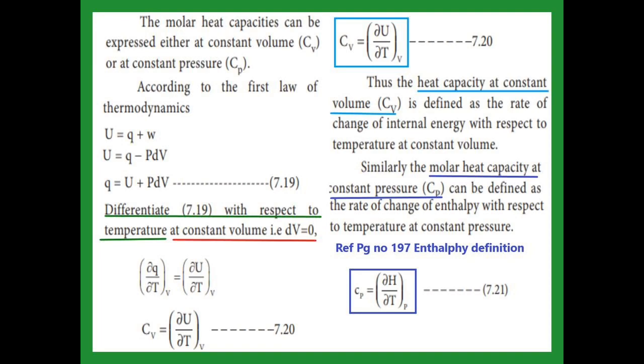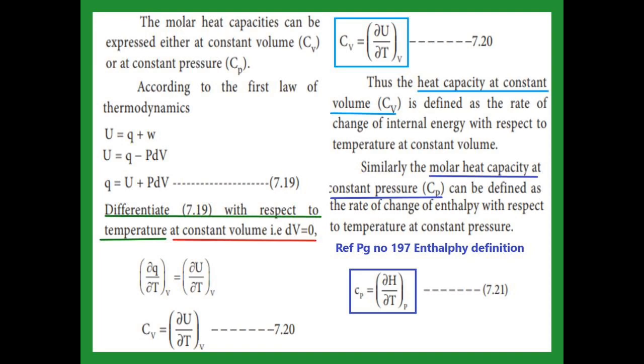For the first law, the change in internal energy U of the system can be calculated with the help of heat and work. So U equal to Q plus W. Here W is the PV work, which is a negative value, minus P dV.